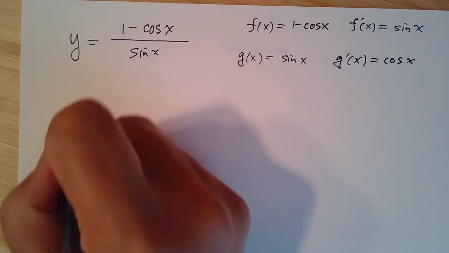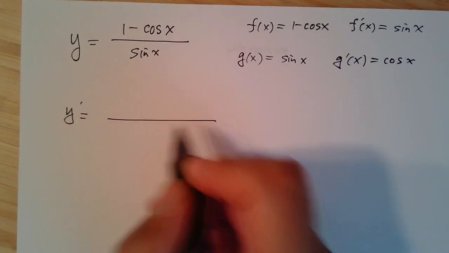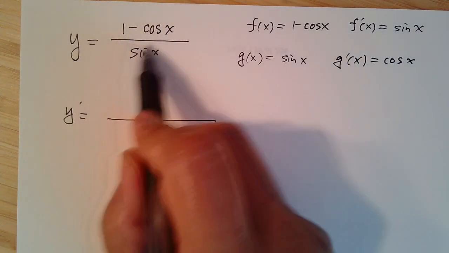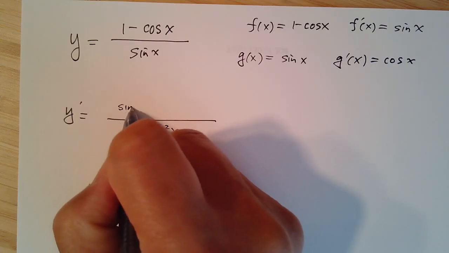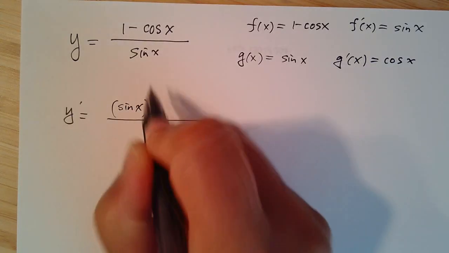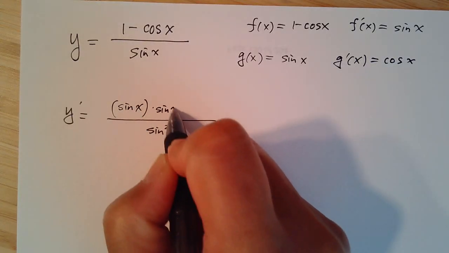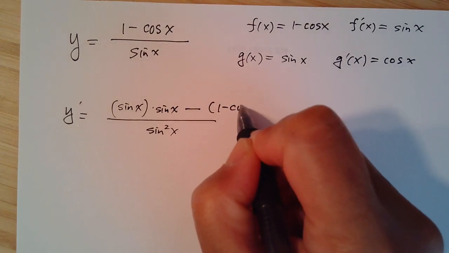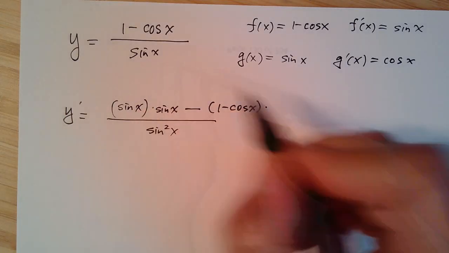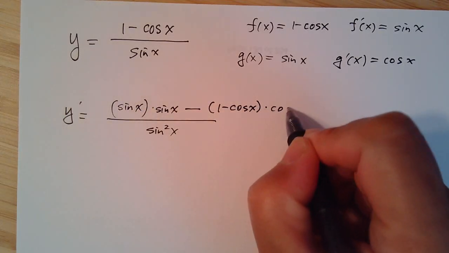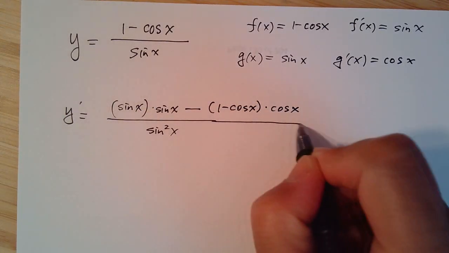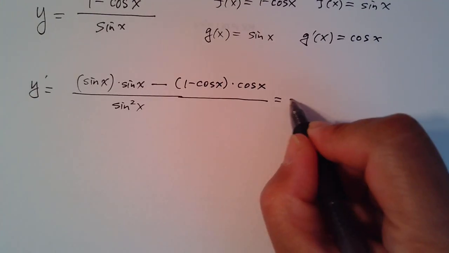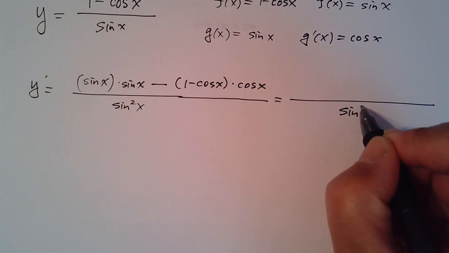So y prime here equals the denominator squared, sine squared, and then the derivative of the numerator, which is sine x, times the denominator, minus the numerator times the derivative of the denominator.